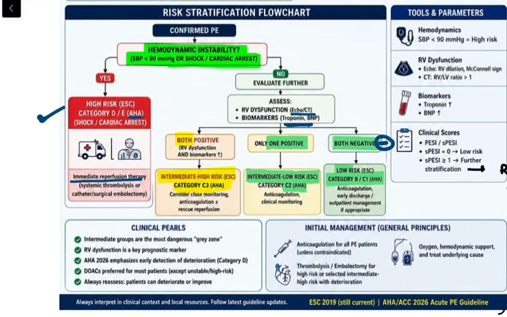If both are negative, that comes under low risk, AHA B or C1, so you can anticoagulate the patient and do early discharge, outpatient management if appropriate. If one of them is positive, you do anticoagulation and clinical monitoring. If both are positive, that comes under C3 and intermediate-high. In that case, you can do reperfusion if needed, and of course anticoagulation will be needed.